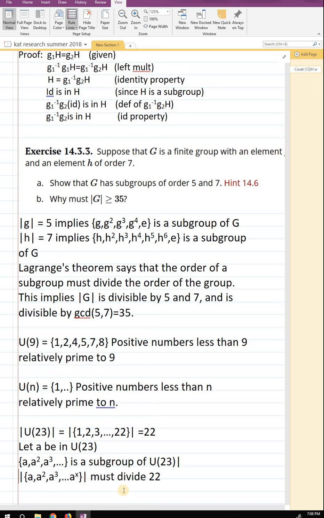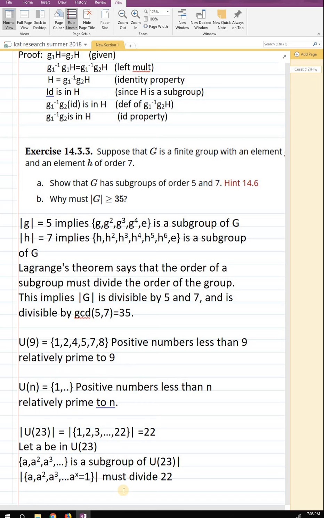So in fact, this is equal to x. Now, in this case, you know what a to the x is. What's the last element in this sequence? Yes, a to the x is 1, because that's when it starts to cycle.